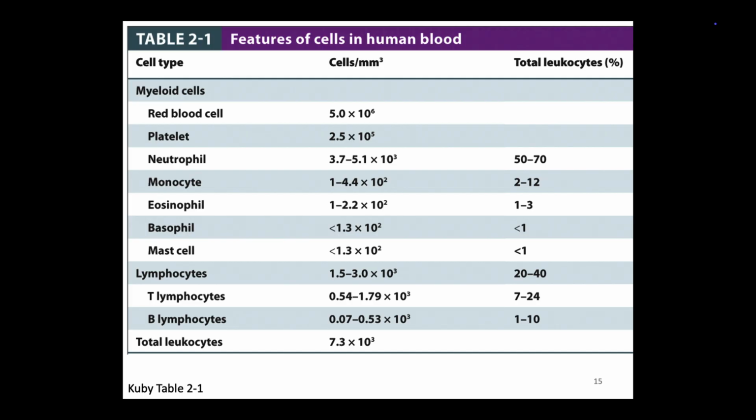You can see you have about 3,000 in terms of some of your white blood cells. The total number of white blood cells is 7.3 times 10 to the third, so 7,300. So it's way fewer than the 5 million red blood cells in that milliliter. The white blood cells are way rare. Again, that's why blood's red, not white.